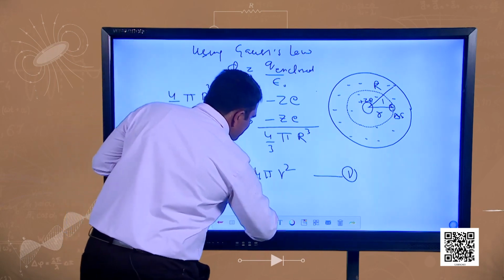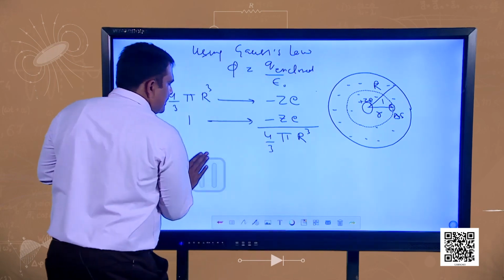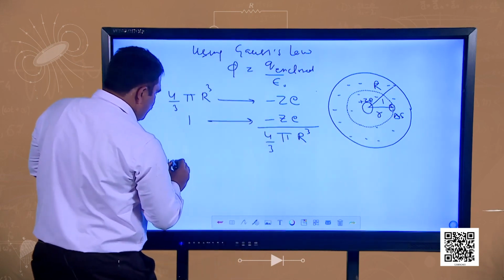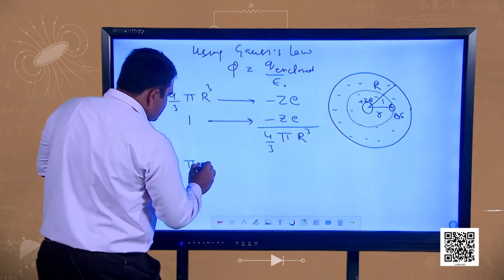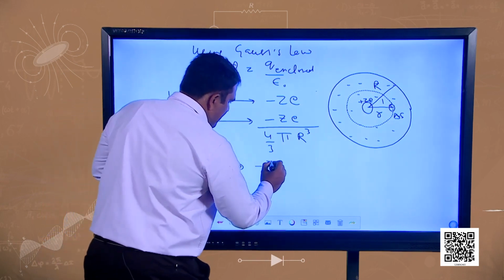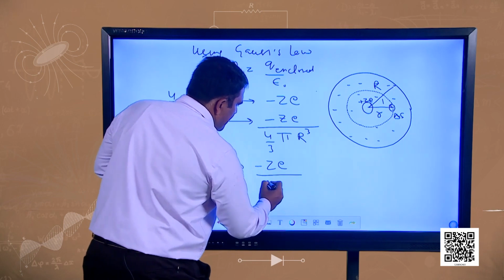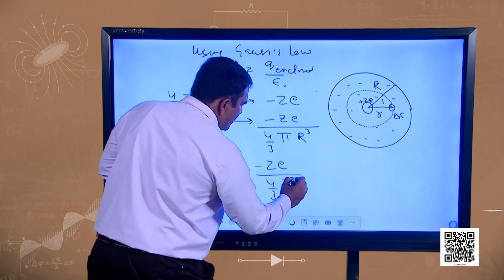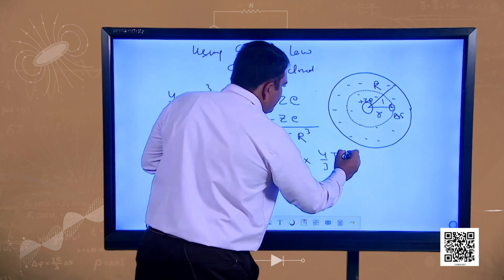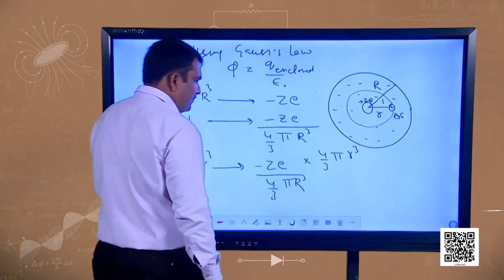So the negative charge present within the volume 4 by 3 pi small r cube will be minus ZE divided by 4 by 3 pi capital R cube, multiplied by 4 by 3 pi small r cube.